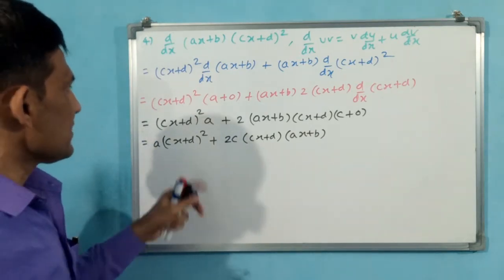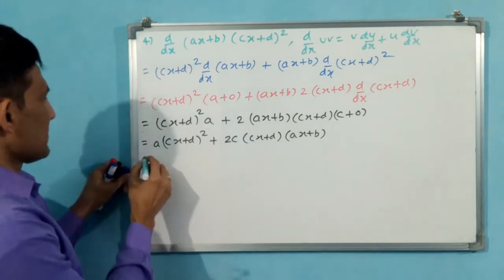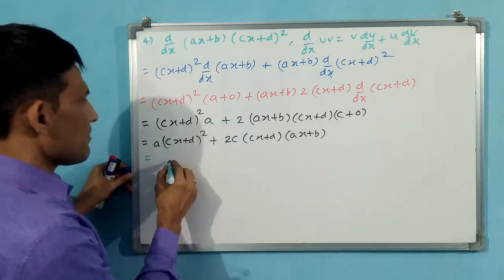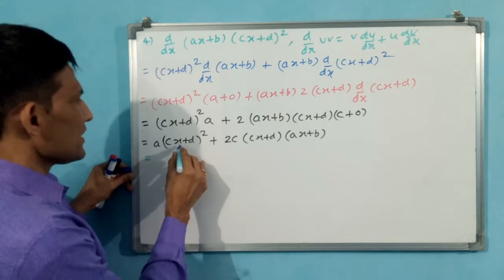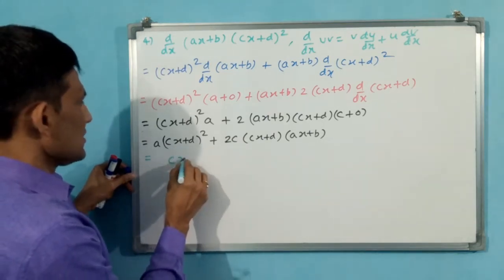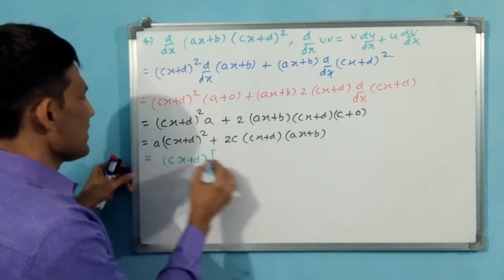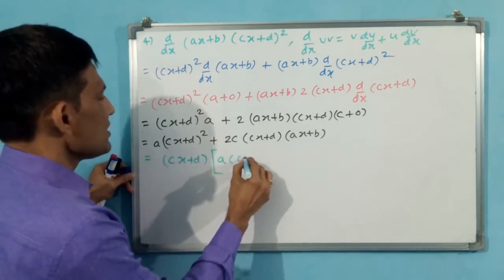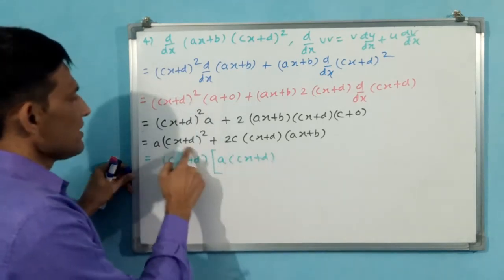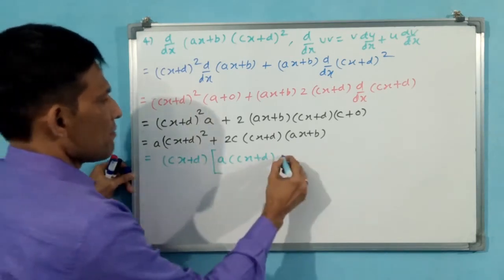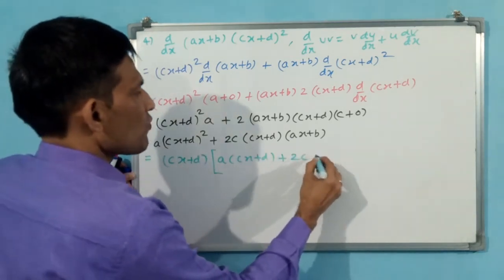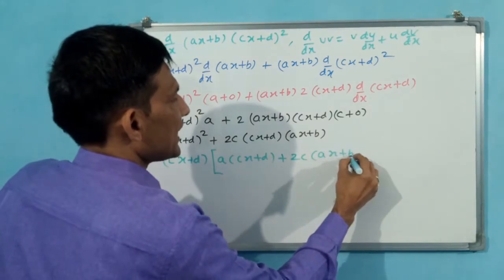I want to take cx plus d common. Cx plus d if I take common, a into cx plus d. One cx plus d gone outside. Plus 2c into ax plus b.